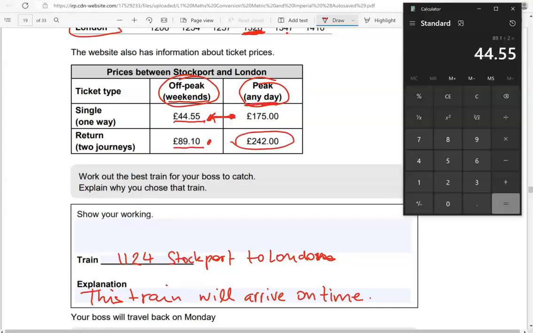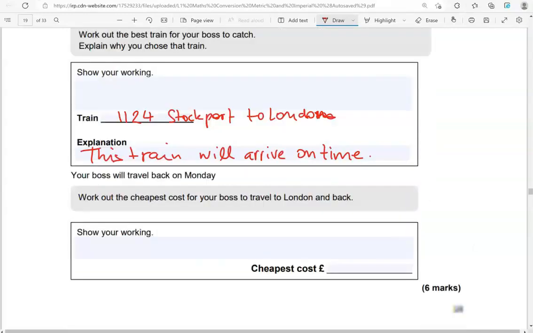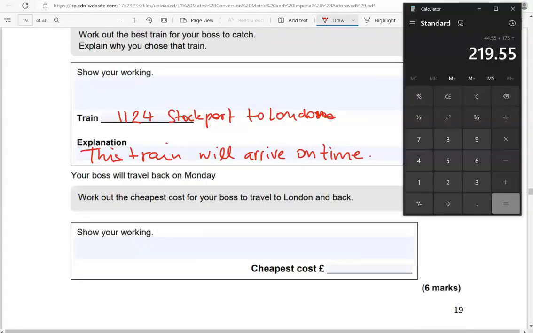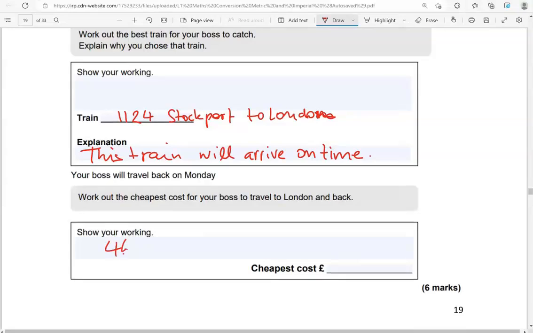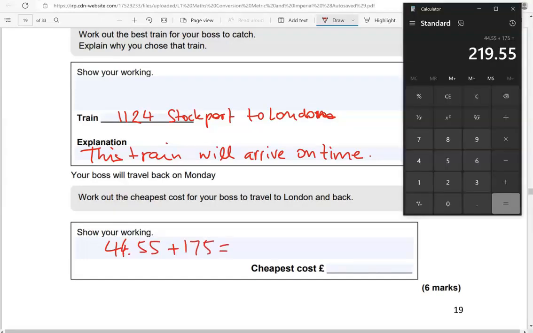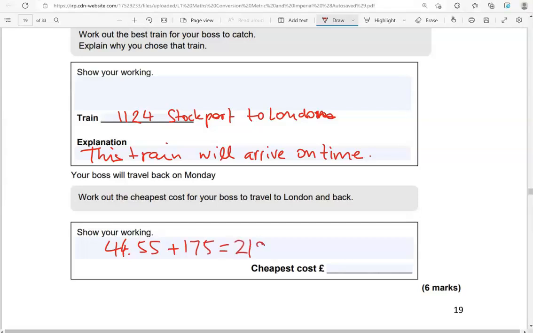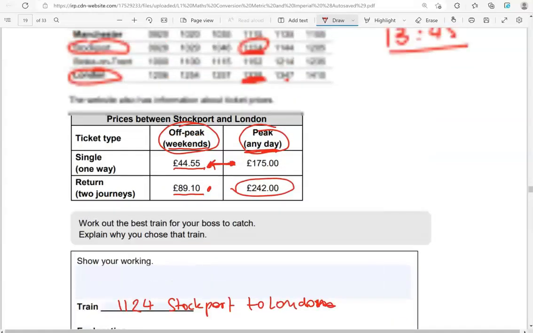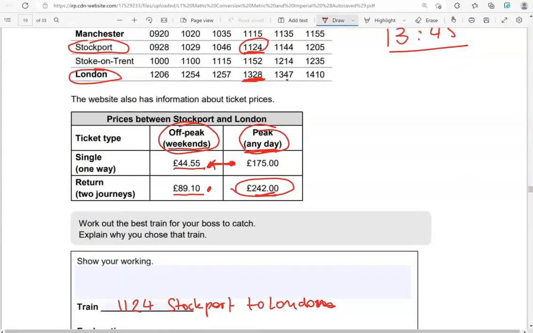Let's have a look. So £44.55 and £175 gives us £219.55. We're going to write it here. Now compare that with £242.